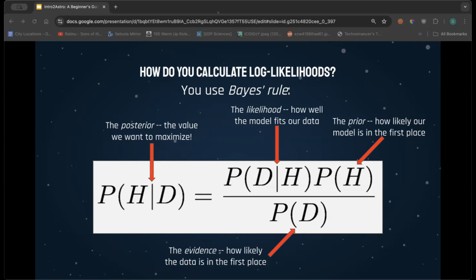Of course, this is still probably super confusing because all I've done is swap names around, but it turns out that we can calculate most of these different values.